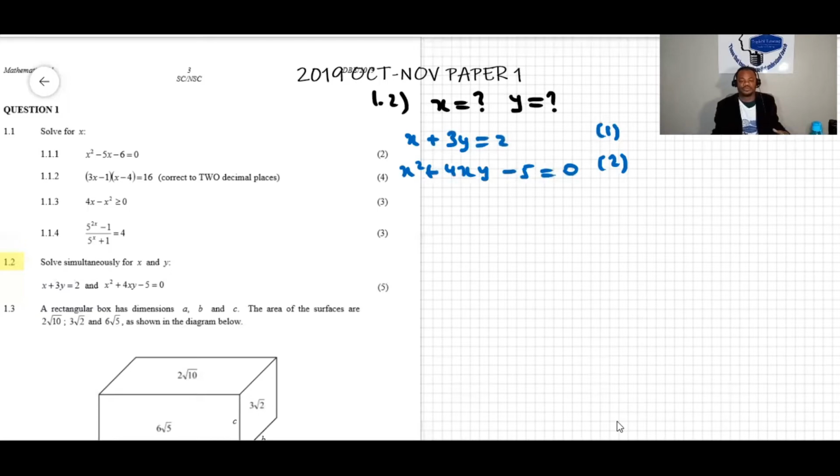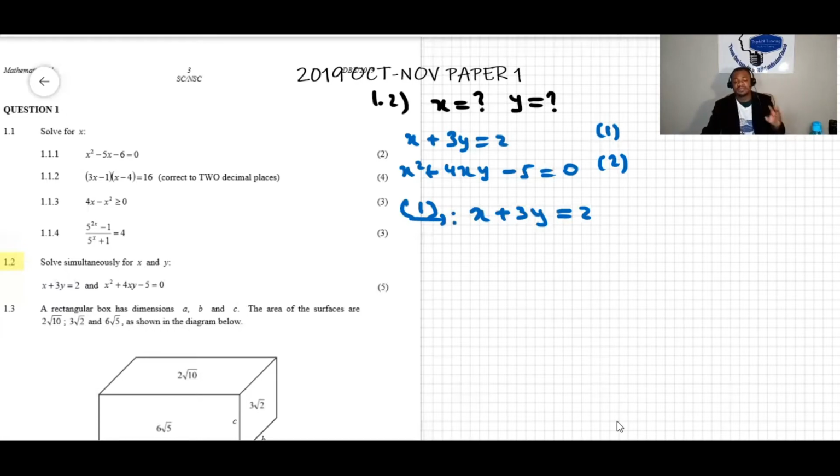The idea is to make one variable of one equation the subject of the formula, and it's better to use the variable that is easy to solve with. If I consider equation 1, x plus 3y equal to 2, I prefer to solve for x instead of y.